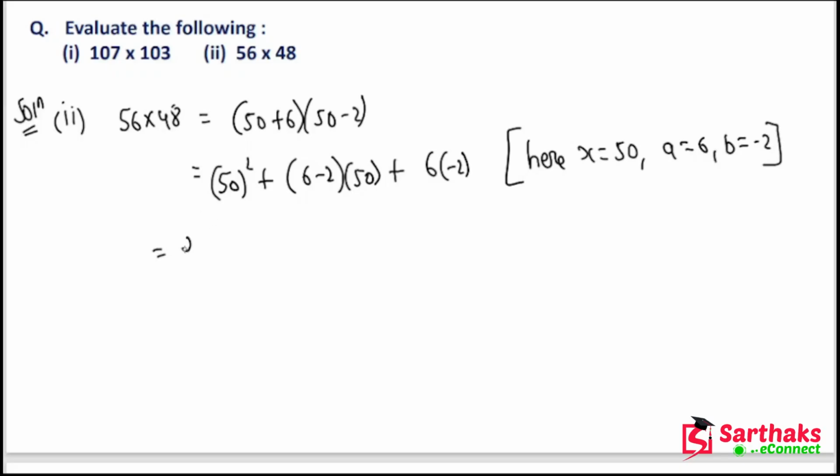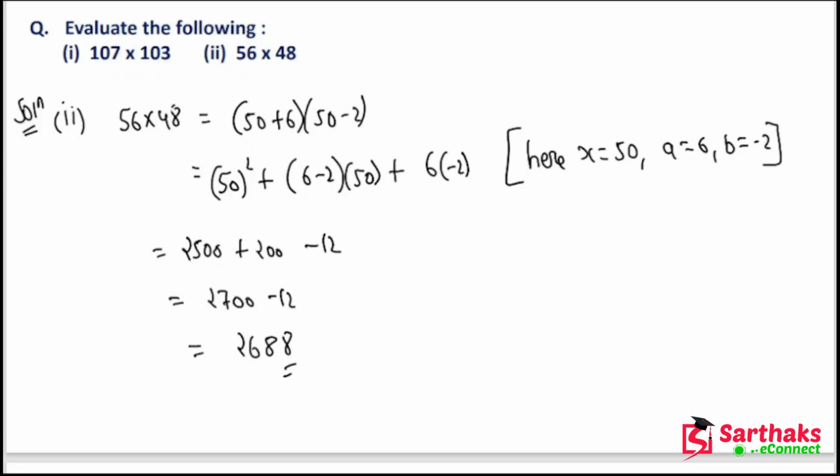So it will be 50 square, that is 2500, and it will be 4 into 50, that is 200, and it would be minus 12, that is 2700 minus 12. So it would be 2688. You can clearly see how fast we have calculated the product using the identities.